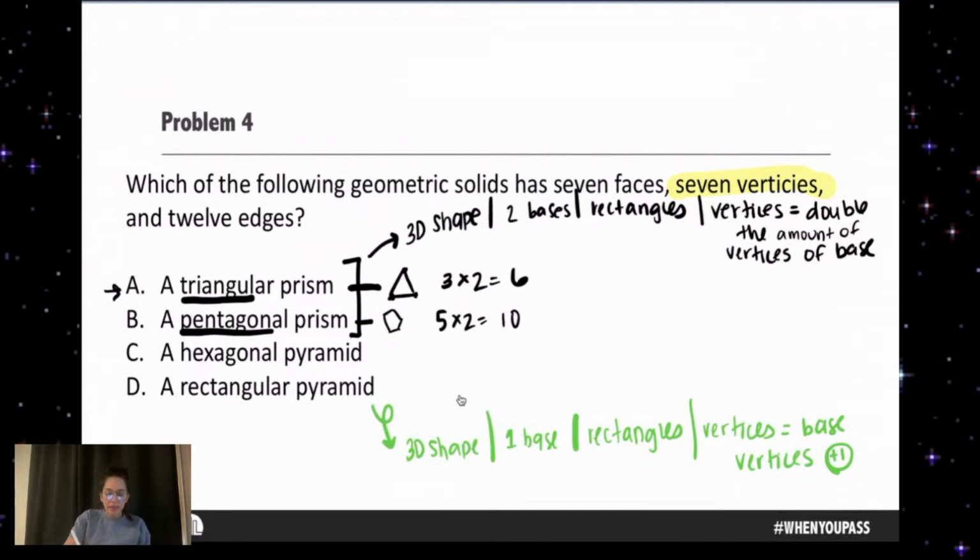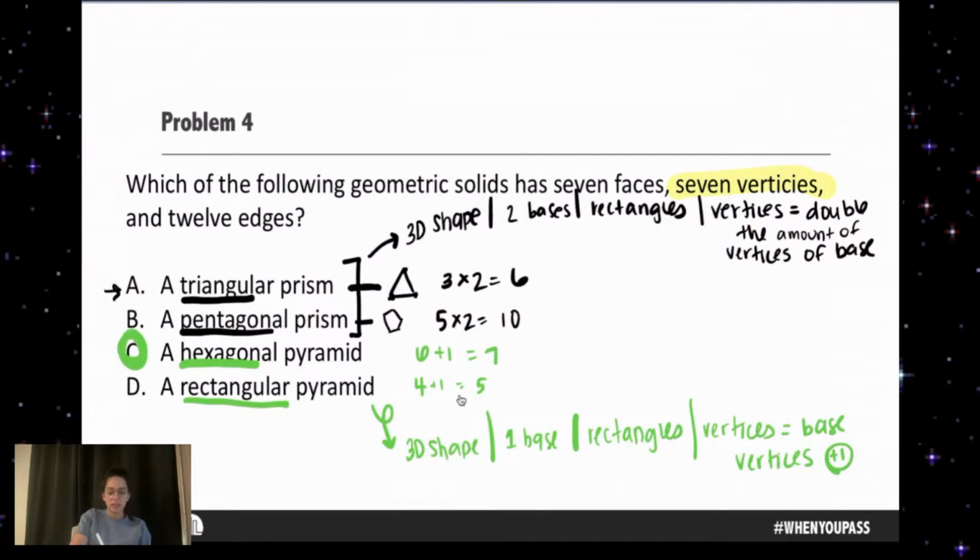So a hexagonal pyramid is a hexagon base, which has 6 sides or 6 vertices, plus 1 equals 7. A rectangular pyramid has a rectangle base, which is 4 vertices, plus 1 equals 5.